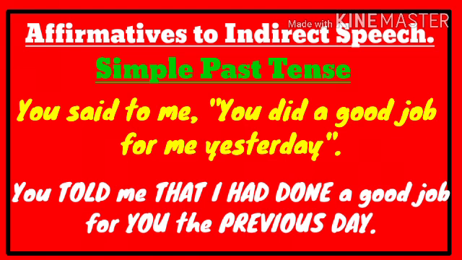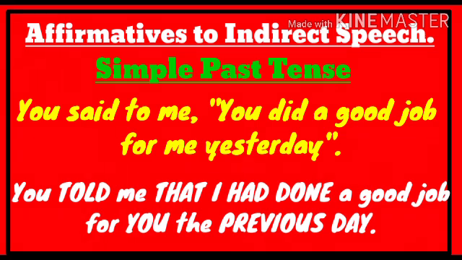Because you is a second person, so it depends upon the object. The object is me. And the next one, "good job for me": here this me is first person, so it depends upon the subject you. So the answer is: You told me that I had done a good job for you the previous day.